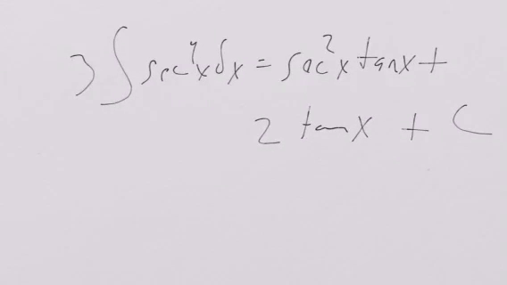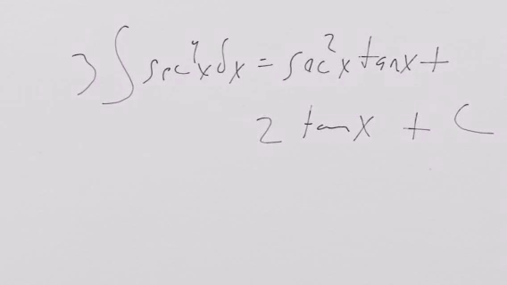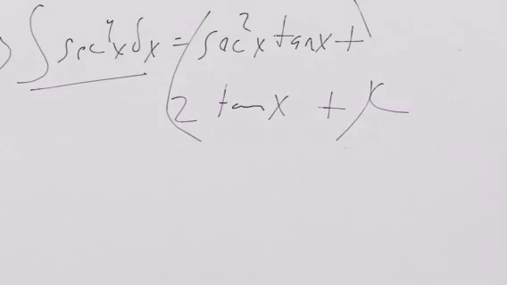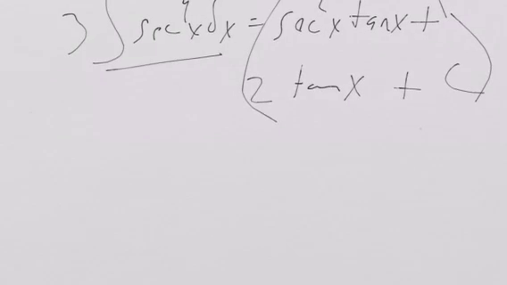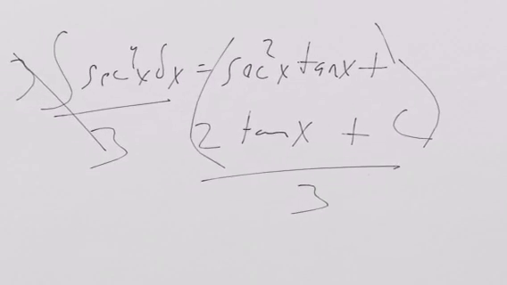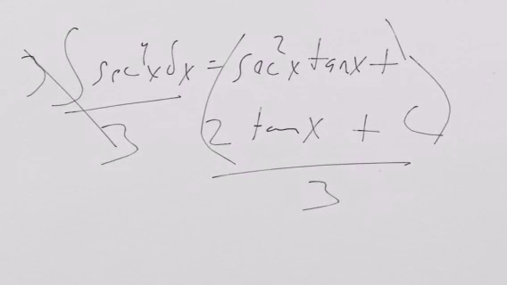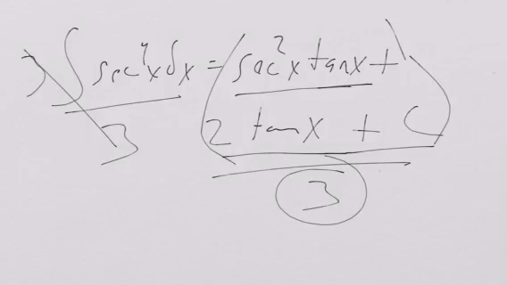Lastly, since all my integration is on the left-hand side, and I wanted to know what the integration of secant to the 4th x is, let's just divide everything. Let's get that plus c in there. Divide both sides by 3. And so now the integration of secant to the 4th x would be secant squared x tangent x plus 2 tangent x plus c, all divided by 3.